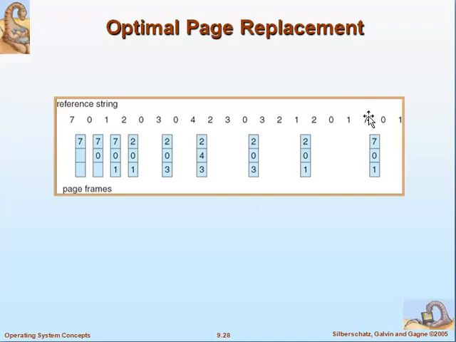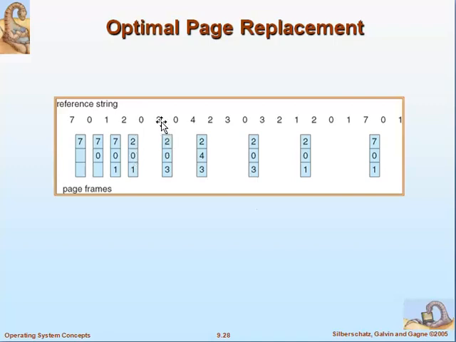So we don't need page number 7 in the near future, but 0 and 1 you can see 0 is requested here, 1 is requested here. Among these 3, 7 is the one which is not required in the near future, so that particular page will be replaced. 2, 0, 1, then we get a request for the 0, not a page fault, it is in the memory.